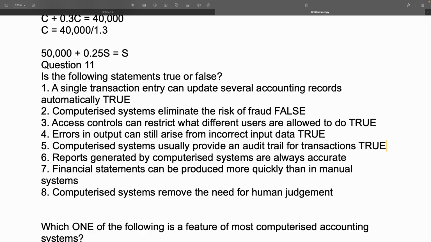That is true. Reports generated by computerized systems are always accurate. That is false. Financial statements are produced more quickly than in manual systems. This is true. Computerized systems remove the need for human judgment. This one is false. Okay, I hope you got these questions done.